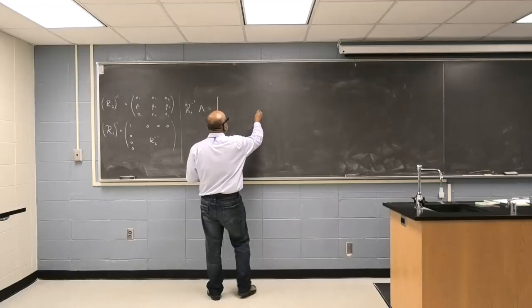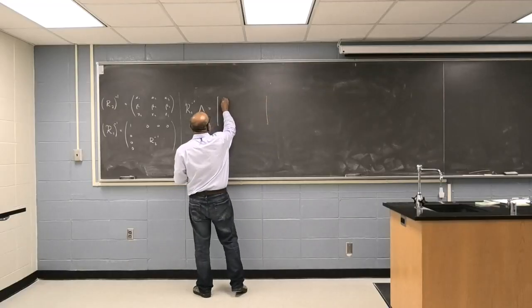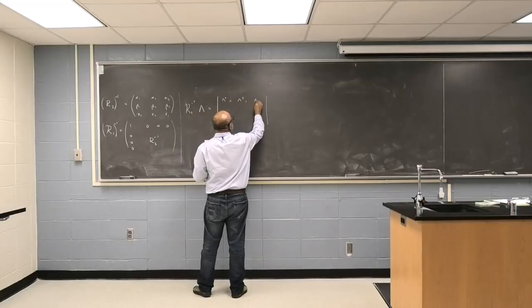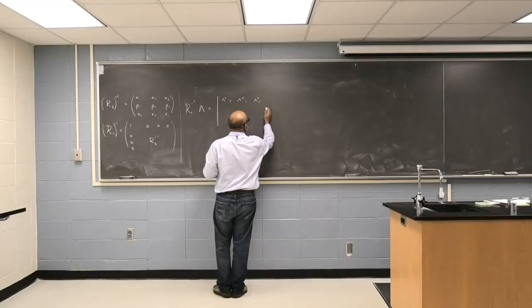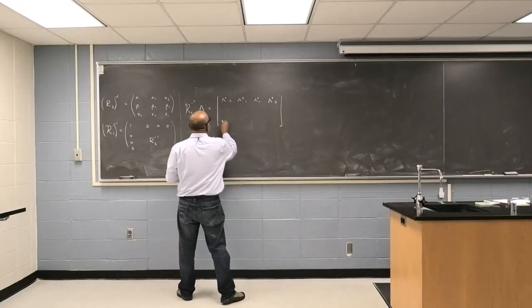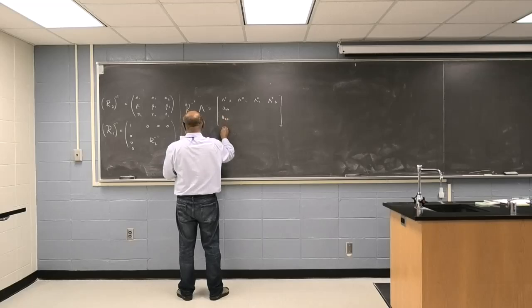Well, first of all, nothing happens to, we'll see. This is 0, 1, 0, 2, 0, 3. And I'm going to call this A10 and A20 and A30.